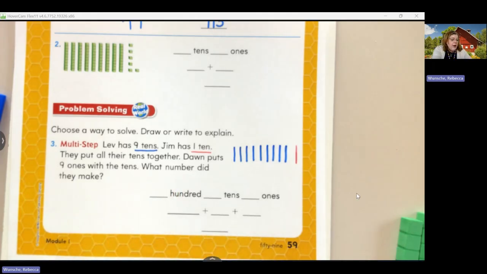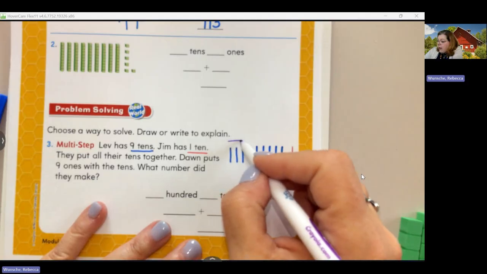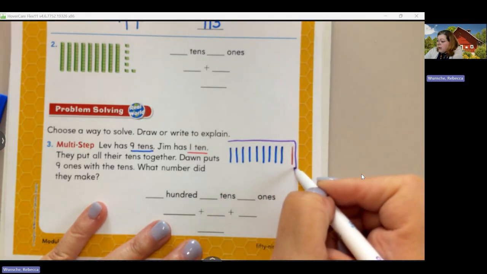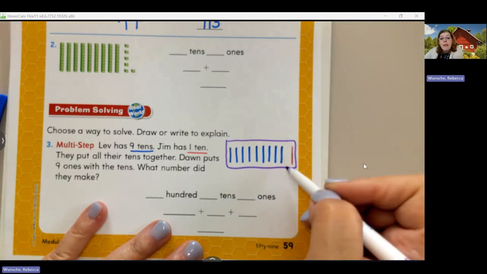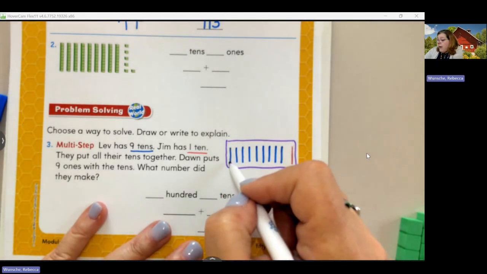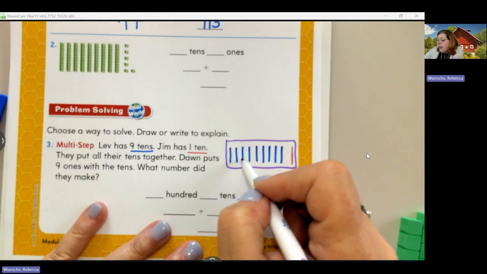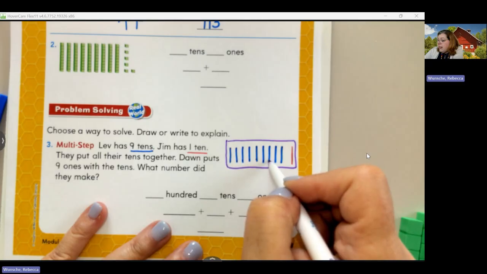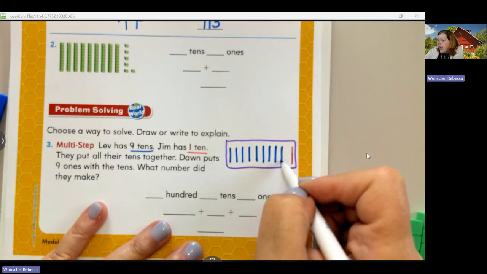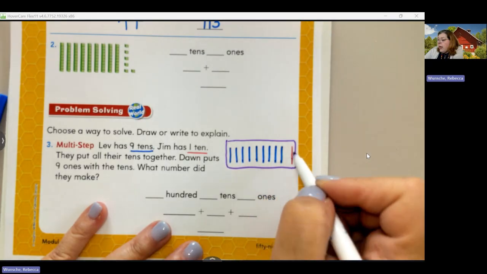Let's get another marker, and we're going to put all of our tens together. So let's draw a big box around them. When we put all of our tens together, we can count them and see how many we have. We have 10, 20, 30, 40, 50, 60, 70, 80, 90, 100.